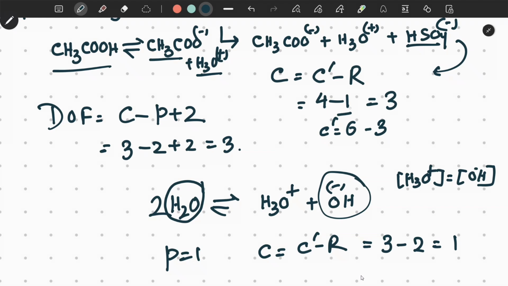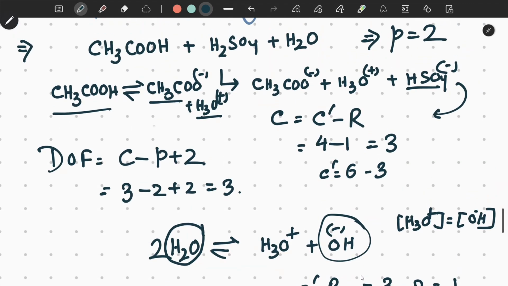One was already there and 2 from here. That's all. But here this restriction is not there: CH3COO minus equals H3O plus. This is not true because H2SO4 will also give H3O plus. So you have to think very critically.